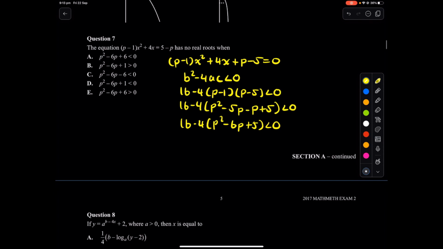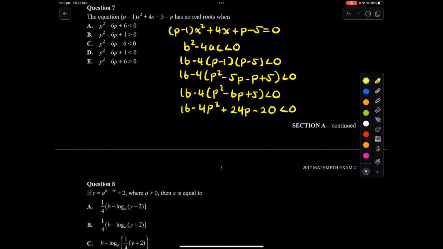So we can say that 16 minus 4p squared plus 6, 12, 18, 24p minus 20 must be less than 0.